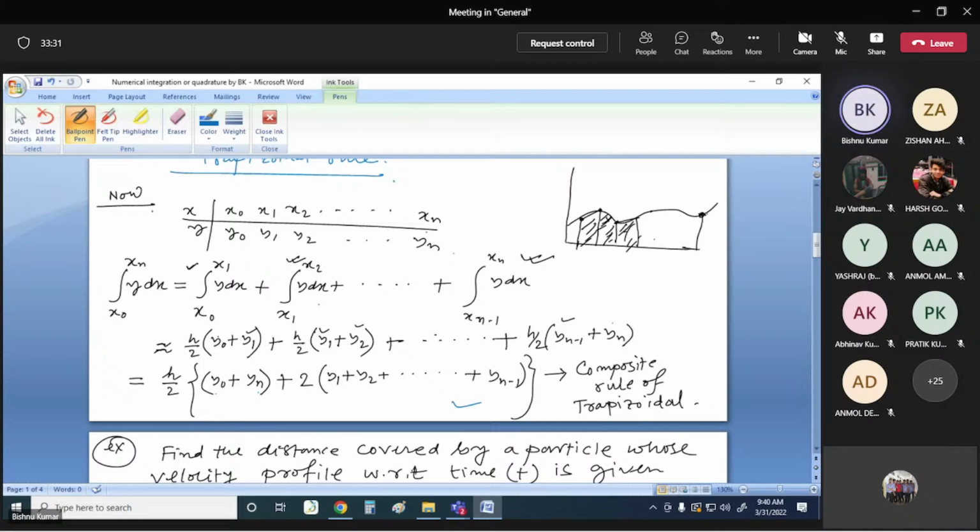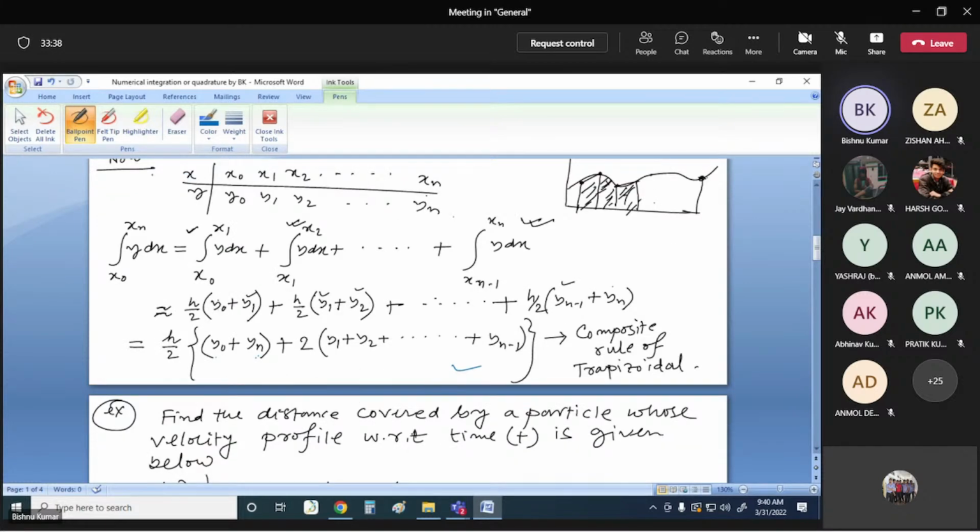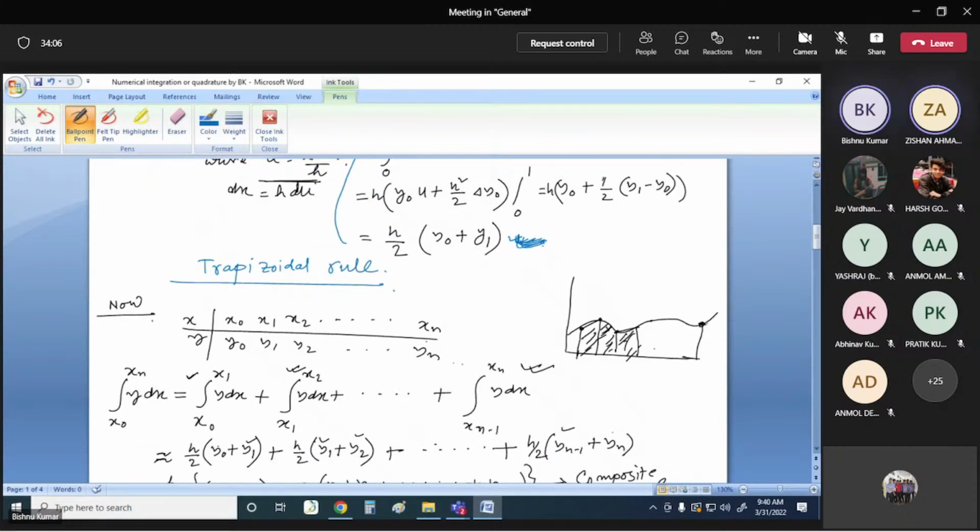You have to use the simple formula within the loop such that the loop will calculate all the additions, and the composite rule will automatically be built and give you the answer after completion of that loop. Is it clear? So within the loop, you have to use that simple formula. And when you solve the theoretical problem, you have to remember the composite rule. You got my point?